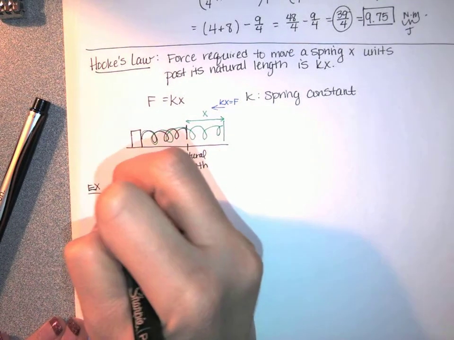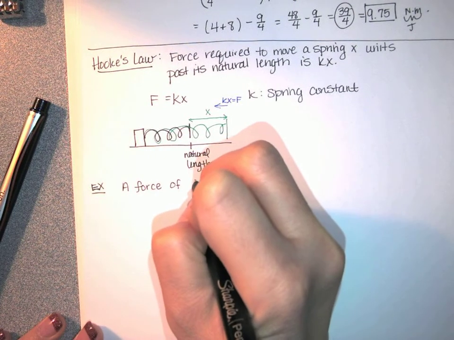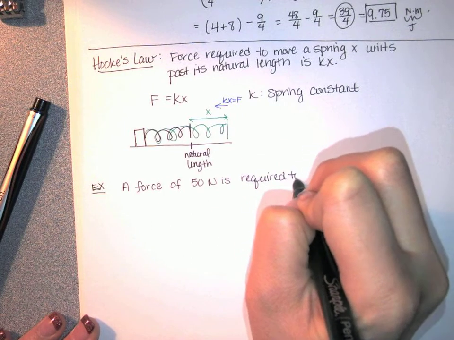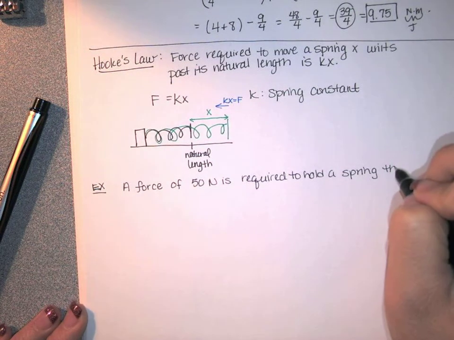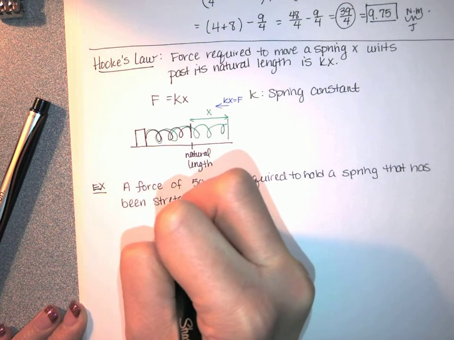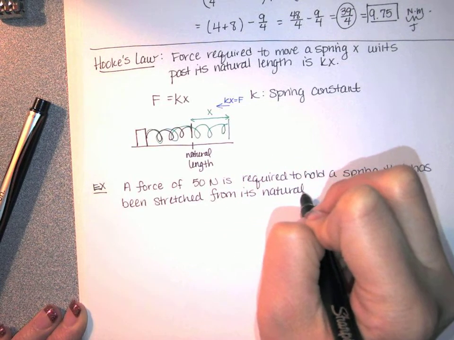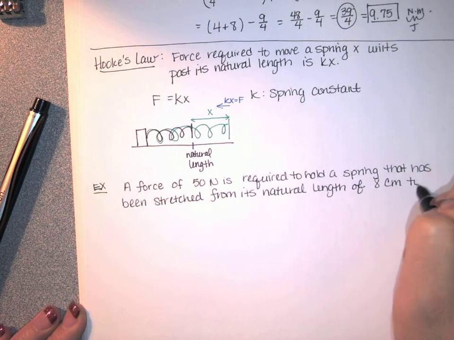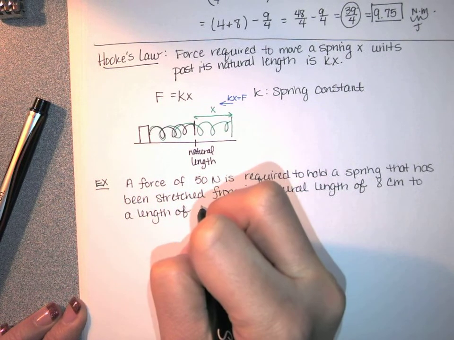Let's say a force of, let's say, 50 newtons is required to hold a spring that has been stretched from its natural length of 8 centimeters to a length of 13 centimeters.